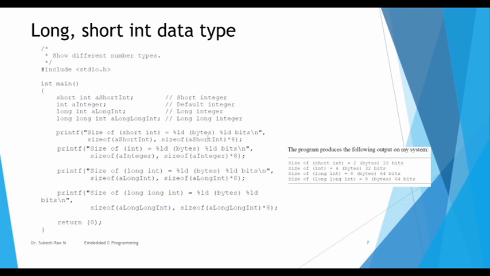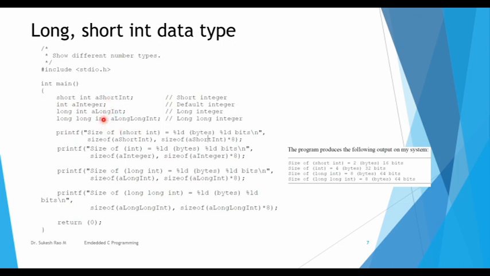In this example they are demonstrating long and short data types. As you can see here, this is a short int, an int, a long int, and a long long int. So these are the 4 data types that are declared.